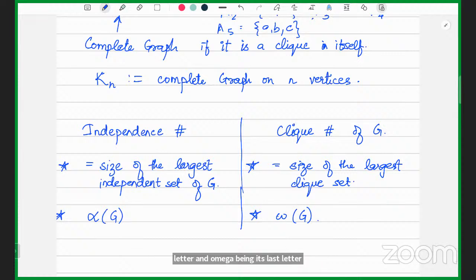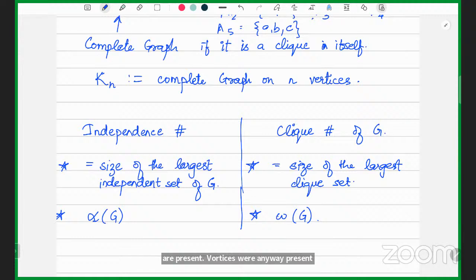So alpha means almost empty: you just started, you only have vertices, no edges. And omega means last, meaning you have all the things now. All the edges are present, vertices were anyway present.